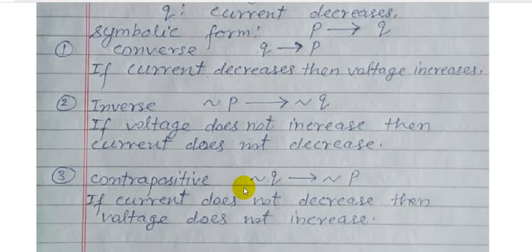Sometimes in the competitive exams, they ask: write the converse of the inverse, write the inverse of the contrapositive, write the inverse of the converse. Sometimes in the competitive exam they can ask by twisting the statements. So do not focus on the truth value of the statement.